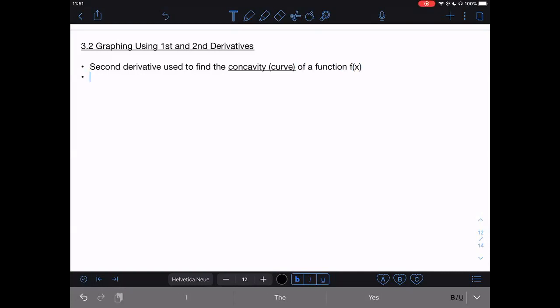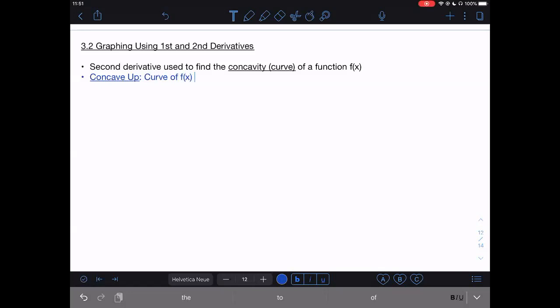Now we have two types of concavity. A function is either said to be concave up or concave down. If our function is concave up, what that means is that our function has an upwards type of curve. It is opening upwards.